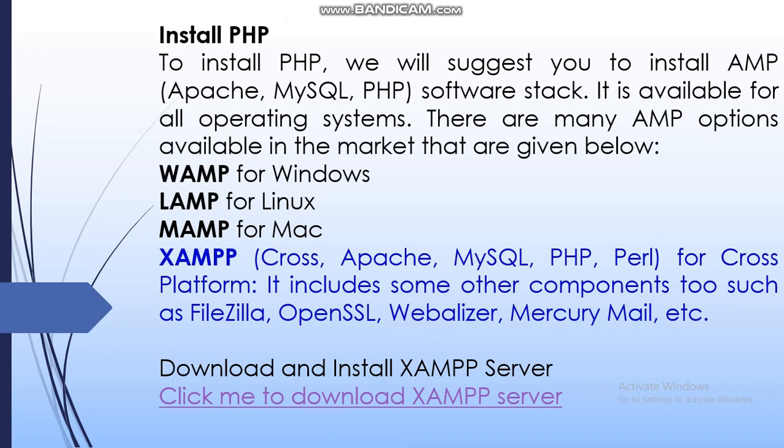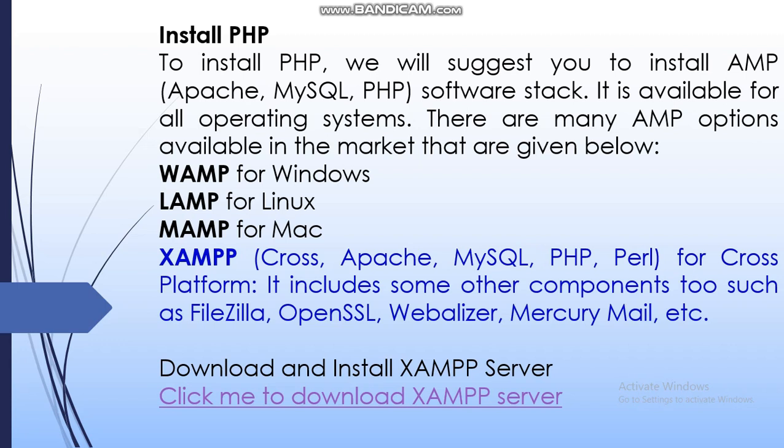There are many servers available in the market: WAMP for Windows, LAMP for Linux, MAMP for Mac, also XAMPP. We'll use the XAMPP server. It stands for cross-platform, Apache, MySQL, PHP, Perl.